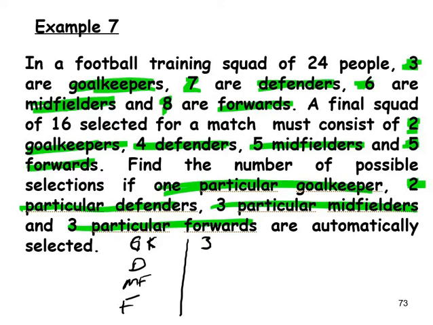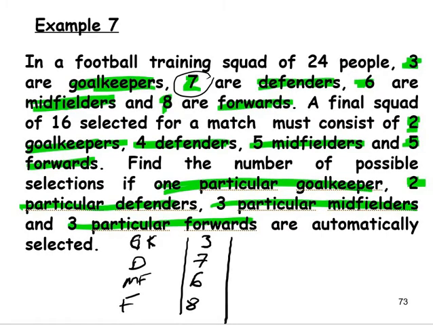For defender we have 7 defenders. For midfielder we have 6, and for forward we have 8. For the final squad we need 2 goalkeepers, and then we need 4 defenders. Next we need 5 midfielders, and then we need 5 forwards.